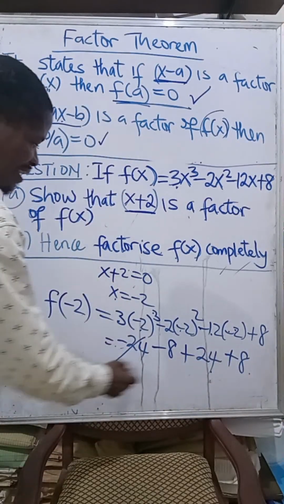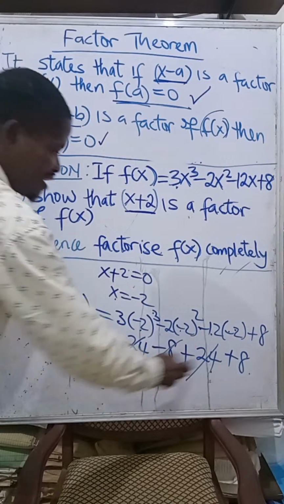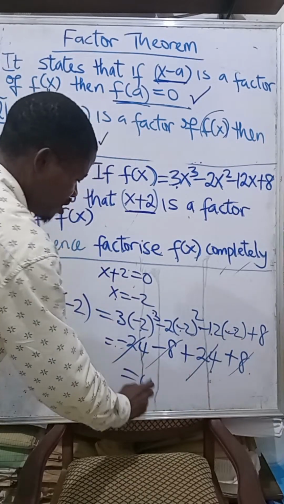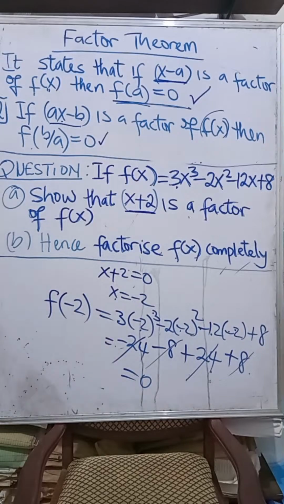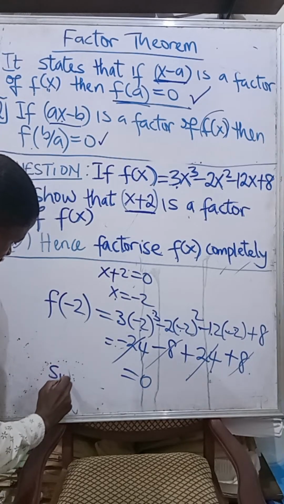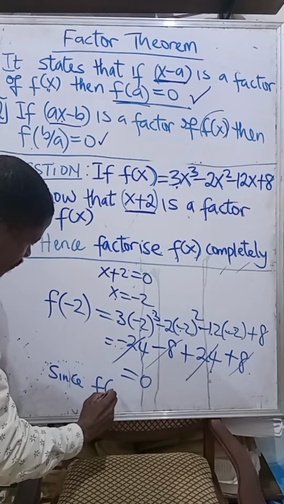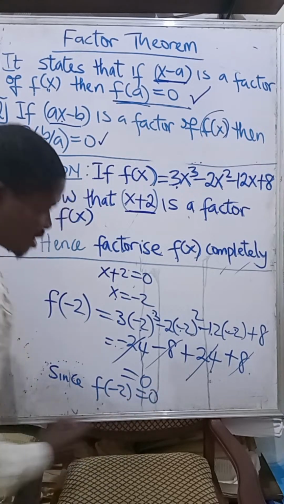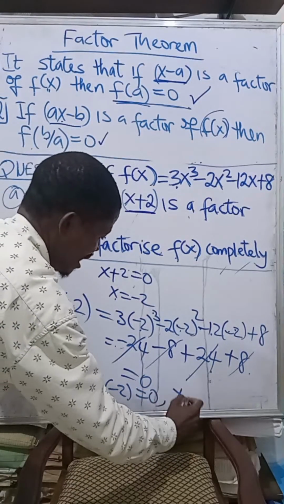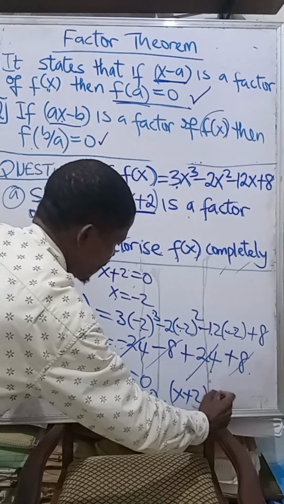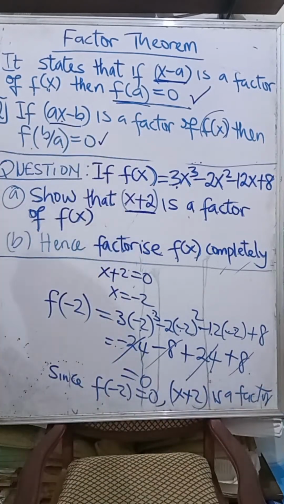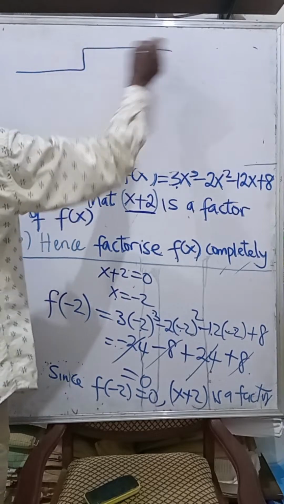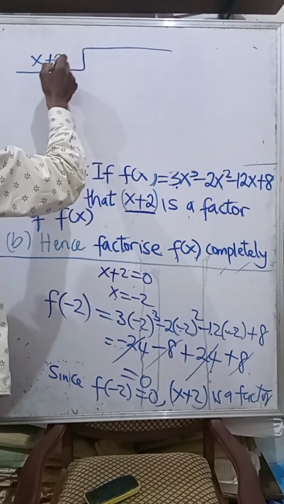So this one and this one cancel, this one and this one cancel, and that gives us 0. So in conclusion, since f of minus 2 is equal to 0, it confirms that x plus 2 is a factor. So x plus 2 is one of the factors.